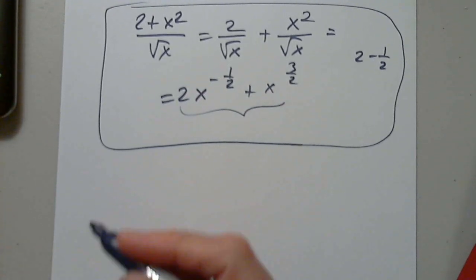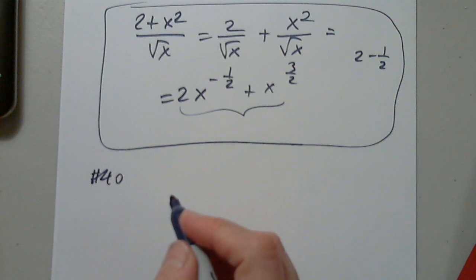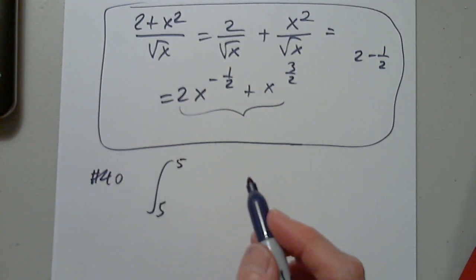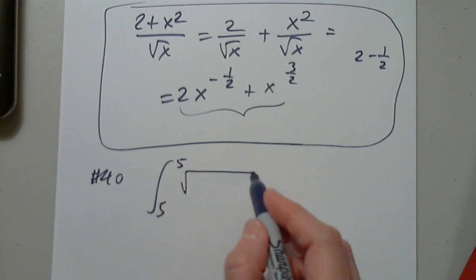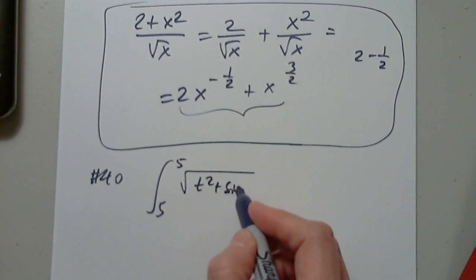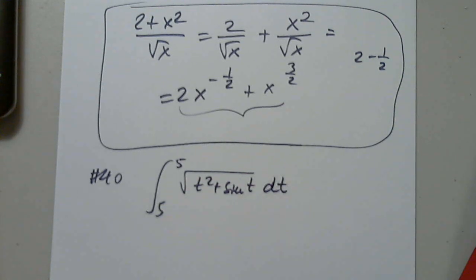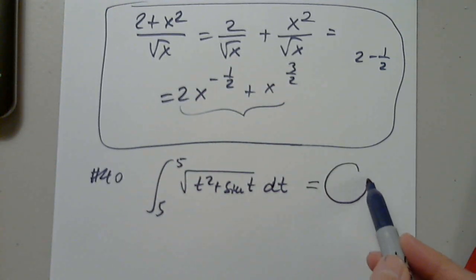So in 40, this is one of the properties. You will see this in a minute. It's the integral from 5 to 5 of the square root of t squared plus sine t dt. Very good pick. If it's 5 to 5 and you're subtracting one from the other, isn't it always going to be 0?